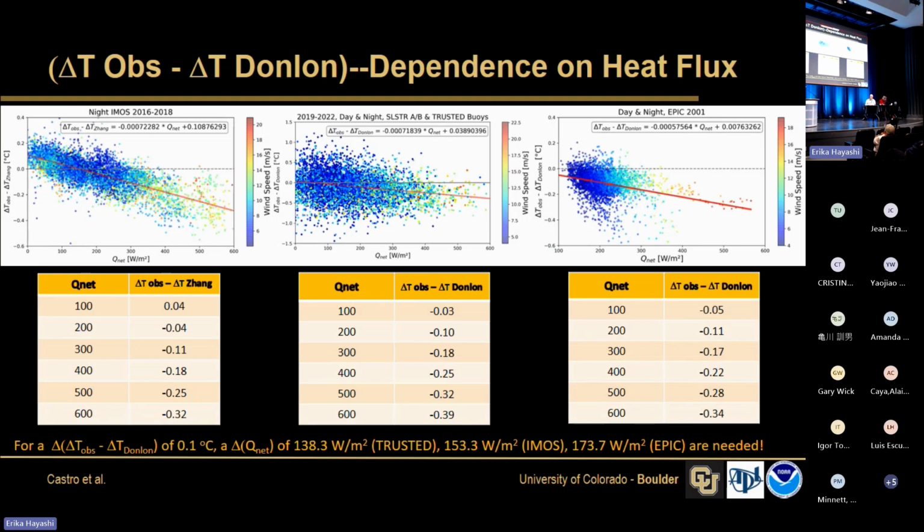And the fact that the trusted buoys and the IMOS cruises gave the same result is just an indication that reanalysis fluxes now are accurate enough to be considered in this sort of application.